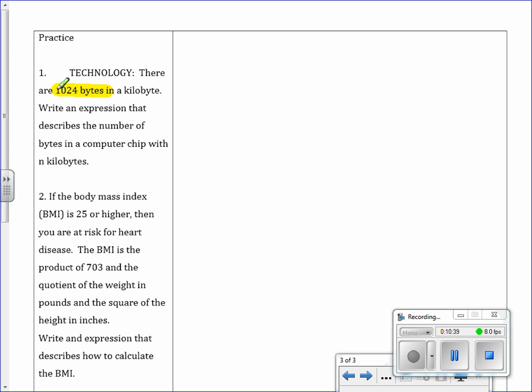It says write an expression that describes the number of bytes in a computer chip with n kilobytes. Okay, so that's the important information I need in order to solve this. So a kilobyte is 1,024 bytes, so 1,024 times n kilobytes. There's 1,024 bytes in however many kilobytes.